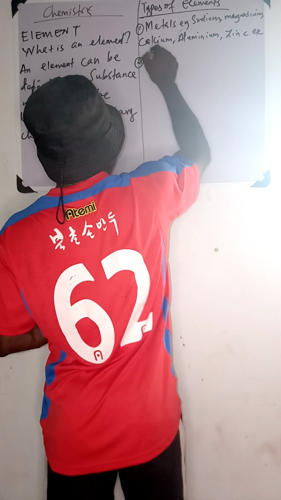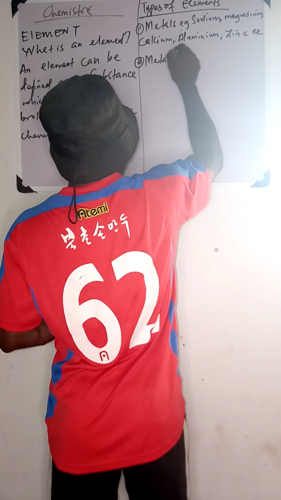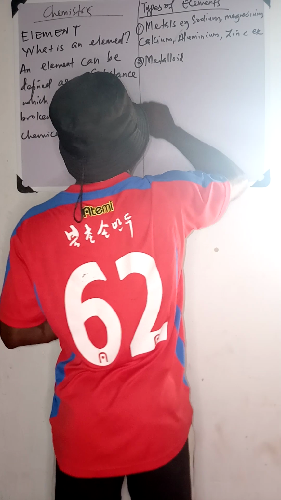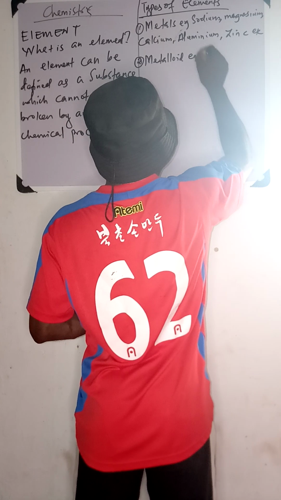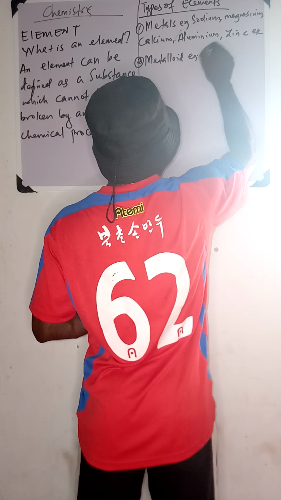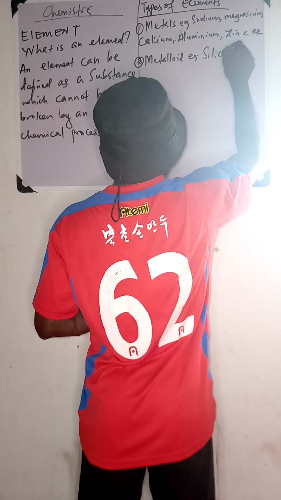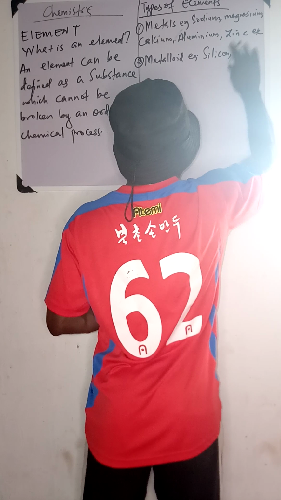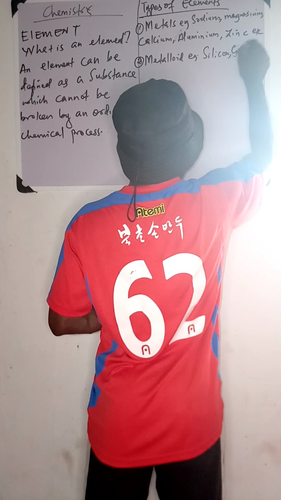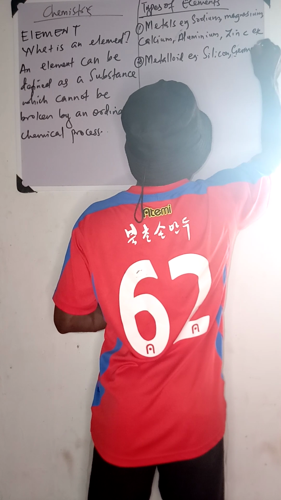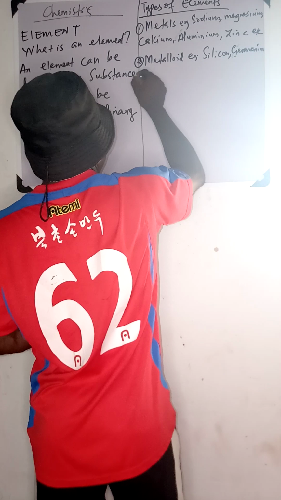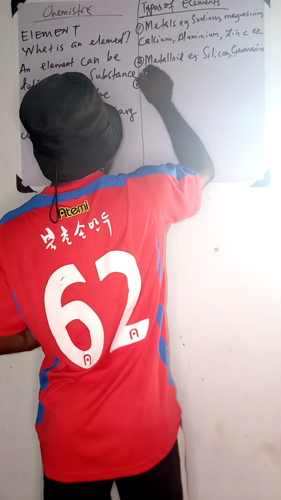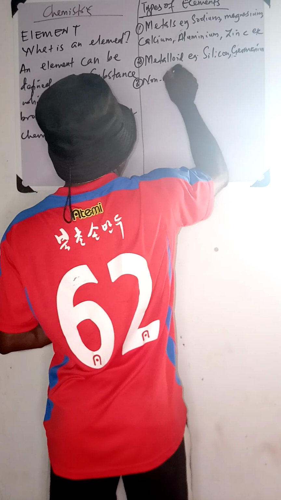Number two, metalloids. Examples are silicon, germanium. Three, non-metals.